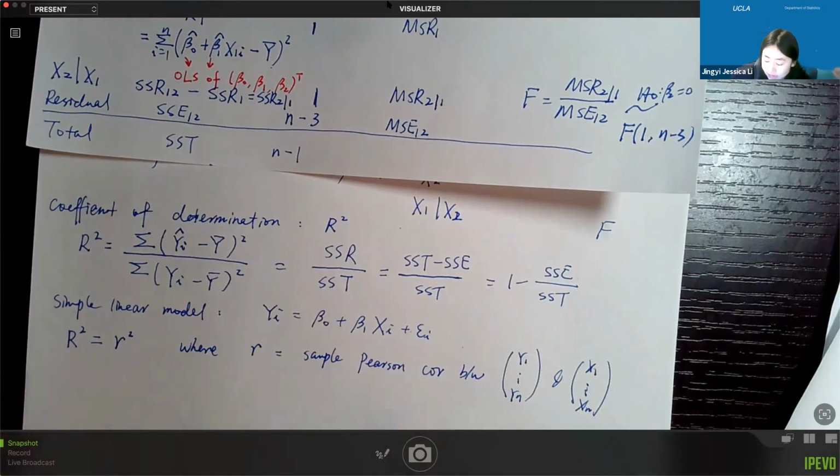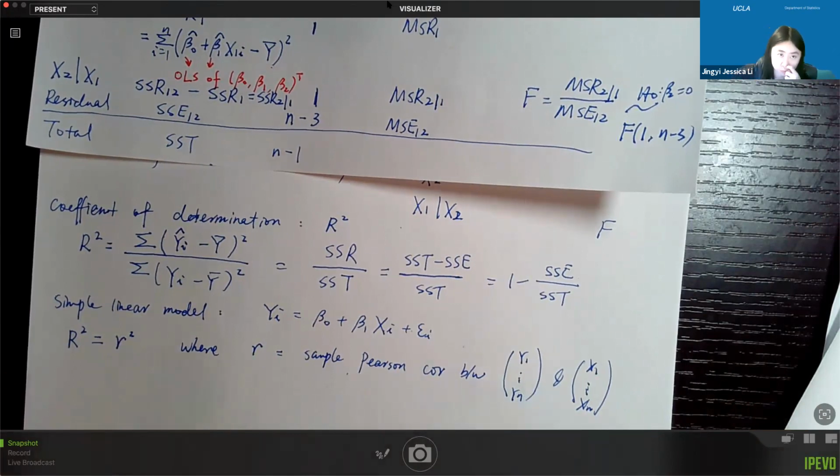And you know that the sample Pearson correlation is symmetric between those two vectors. However, it seems that the R squared is not symmetric, right? Whether you take yi as the response is different from taking xi as the response. But surprisingly, the R squared is symmetric.